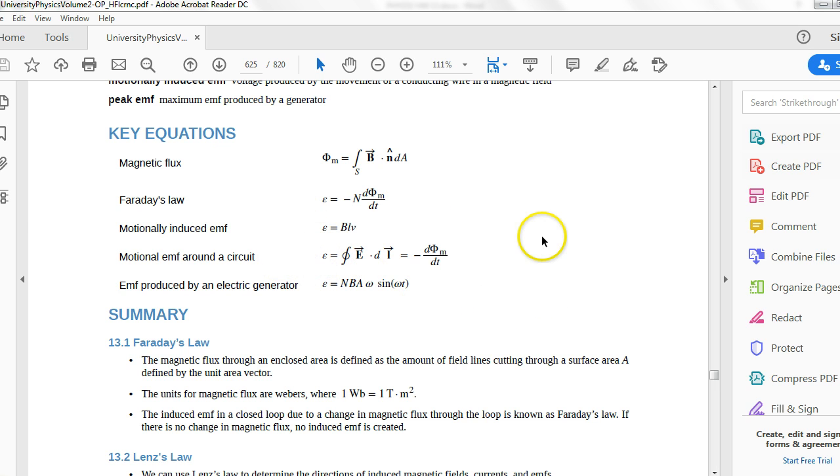If you think about motional EMF in a circuit, we can now take a closed ring, like a wedding band or just a loop of wire that's connected all the way around, and you have a changing magnetic flux through it. That induces an EMF around it, and you actually get current flow around the ring.